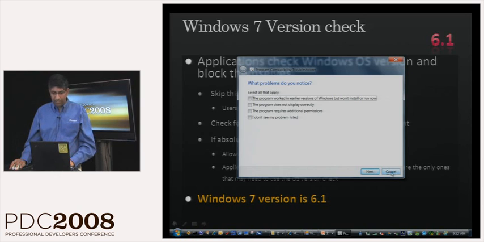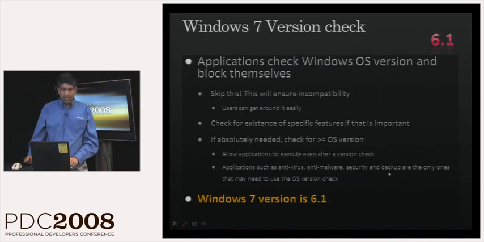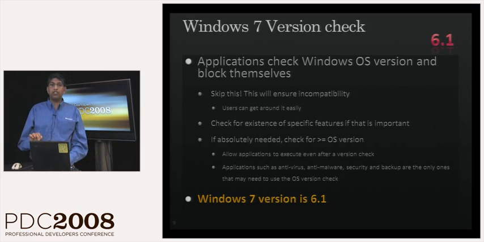All right, this is the demo that came back again. At the outset, you will realize that Windows 7 is version 6.1 and not 7.0. The reason for that is, again, compatibility, because when applications check for major version numbers, they make sure that they are incompatible. Because of that, when we keep the major version number at 6, you don't have problems with a majority of the applications.